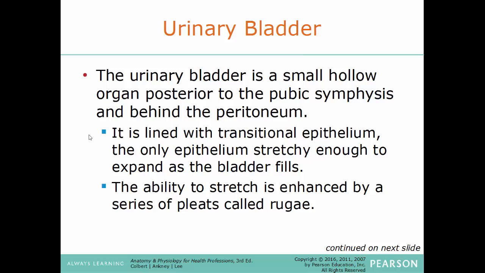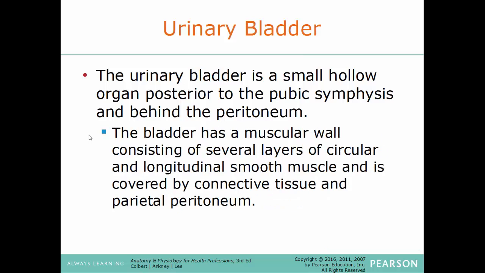The ability to stretch is enhanced by a series of pleats called rugae. Like the rugae in the stomach, they allow it to expand and then recoil back to its normal size. The bladder has a muscular wall consisting of several layers of circular and longitudinal smooth muscle, and it's covered by connective tissue and parietal peritoneum.